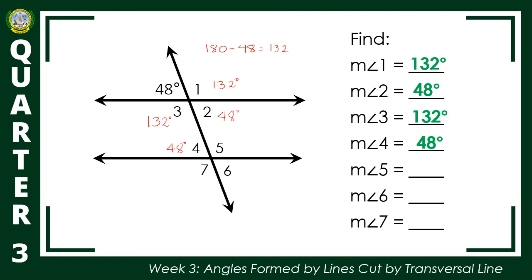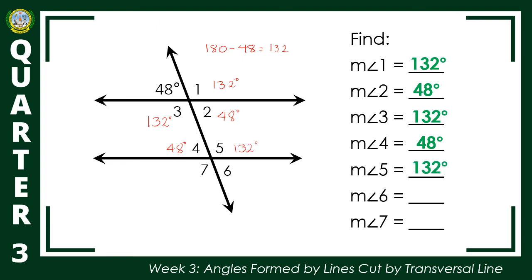So now you see na maraming possible solutions, pero laging iisa yung sagot. Okay? So it's okay kung magkakaiba kayo ng solution, basta dapat iisa yung sagot na makukuha. So let's now proceed to the measure of angle 5. So the measure of angle 5 is also 132 degrees.